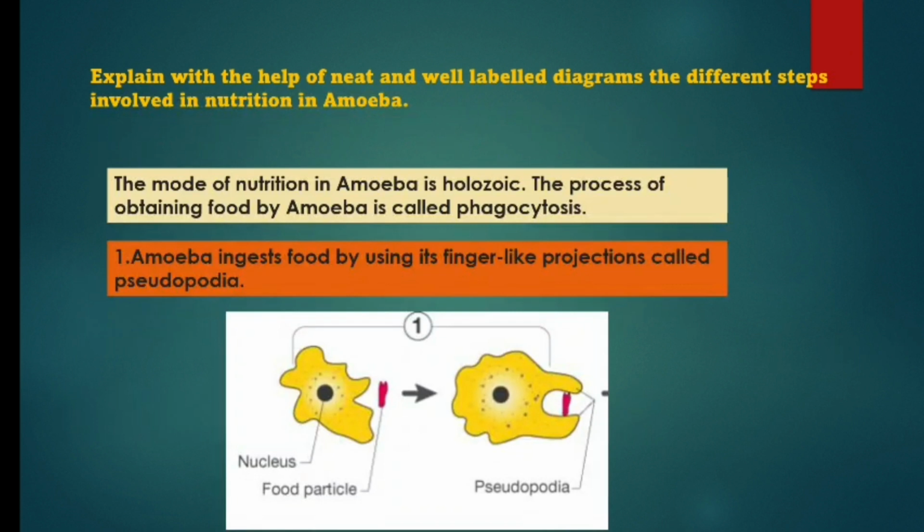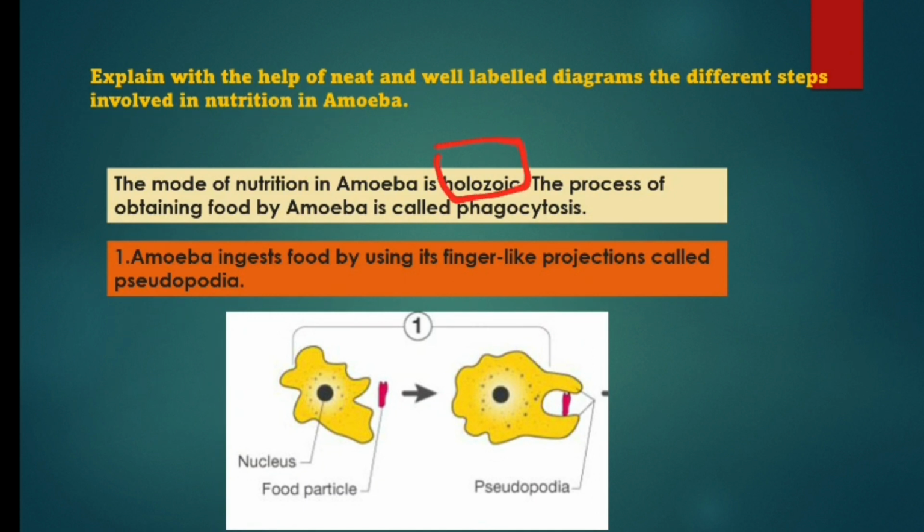Explain with the help of a neat and well labeled diagram the different steps involved in the nutrition of amoeba. As you all know, amoeba takes in food with the help of a nutrition called the holozoic mode of nutrition.